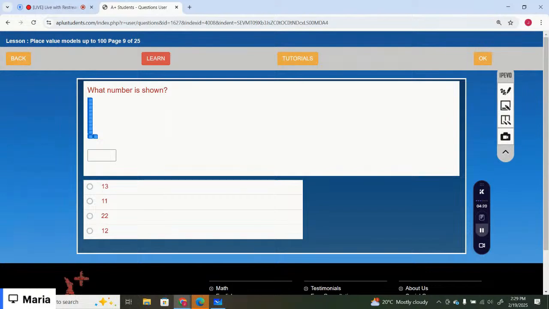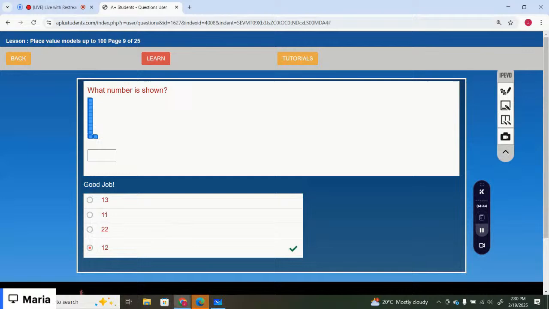What number is shown? That is 10 and 2 ones. Option number 4 is the correct option. That is 12.